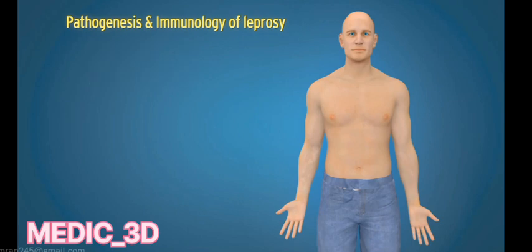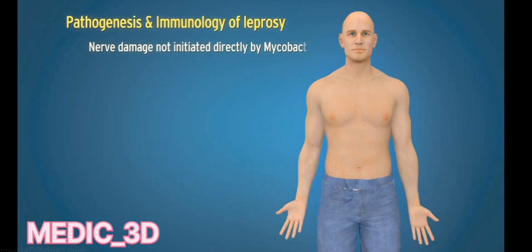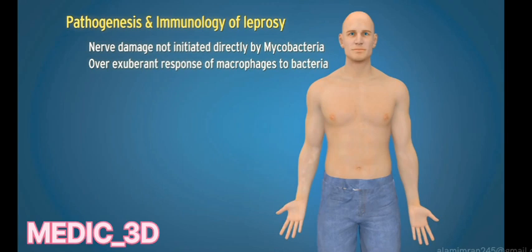It is very obvious that nerve damage is not initiated directly by mycobacteria, but by an over-exuberant response of macrophages to bacteria, which is a delayed or type 4 hypersensitivity reaction.